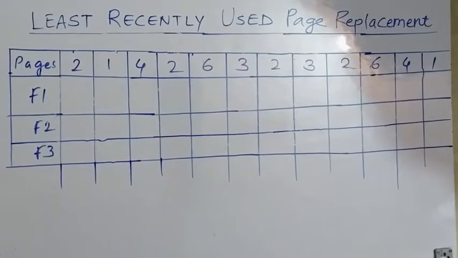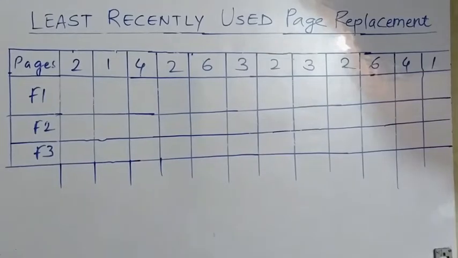In this least recently used page replacement technique, we will consider the pages. Here again the reference string is given to us, and 3 frames are given: F1, F2 and F3. We know that the pages are inside the secondary memory system and the frames are inside the main memory system.